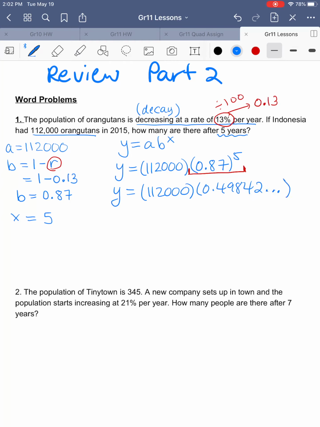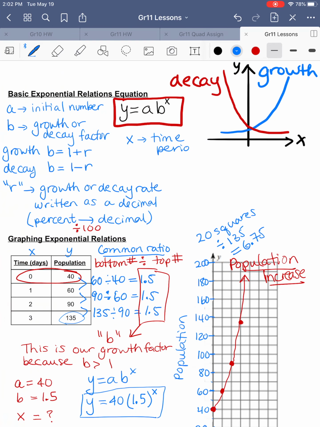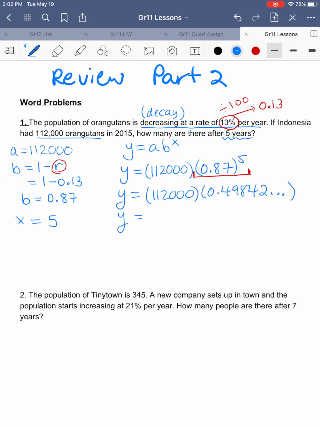0.49842 and so on. So we don't want to round our numbers yet. You should be able to just keep that number in your calculator and then multiply it by 112,000. This is going to give you 55,823, and then it's like 0.14 and so on. Well, we can't have part of an orangutan, so we need to round to a whole number.